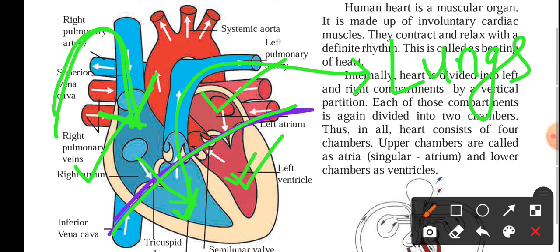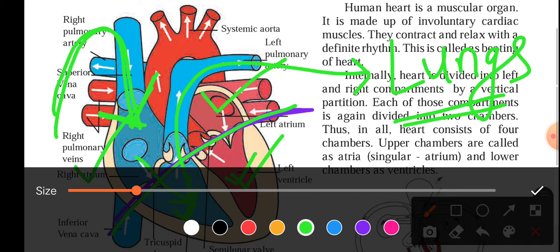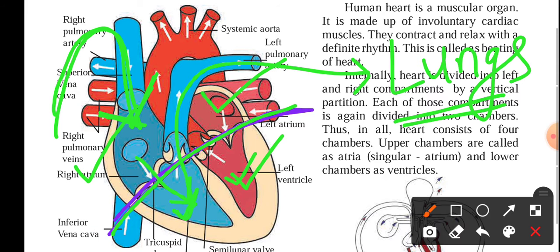So that blood goes to the lungs. Then after the purification process in the lungs, purification means only oxygen is added, and that oxygenated blood is brought back to the left atrium.